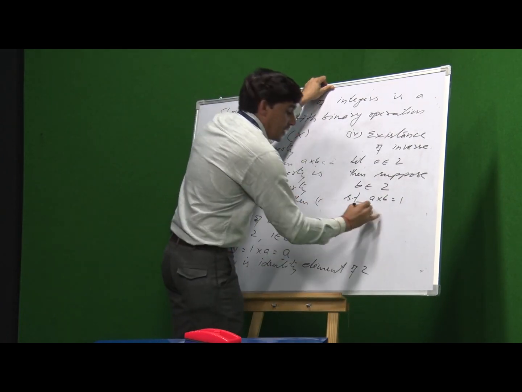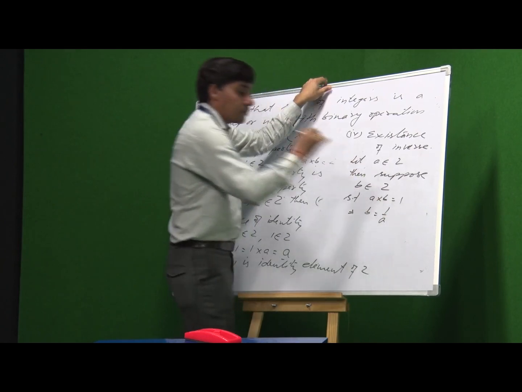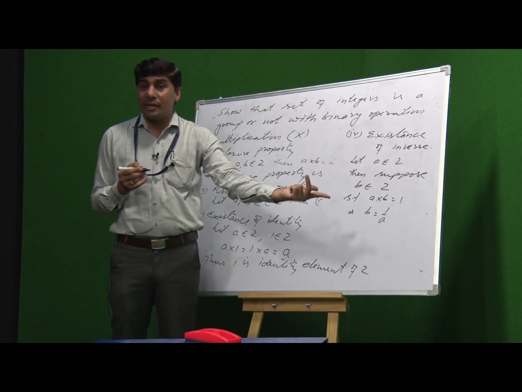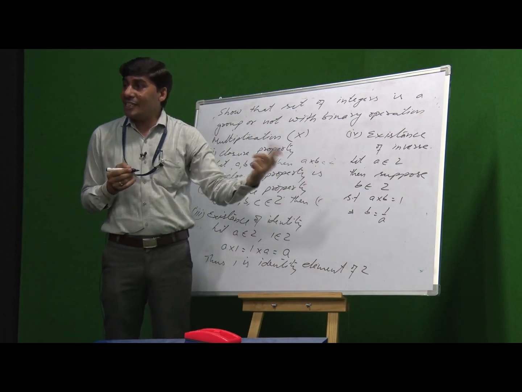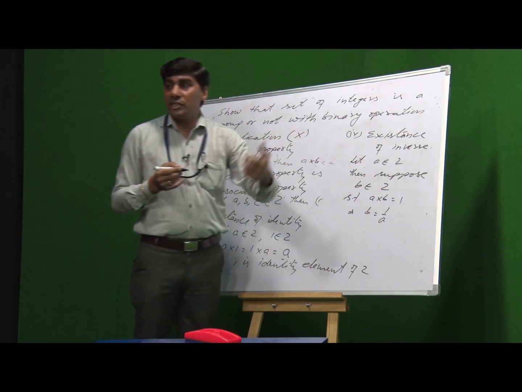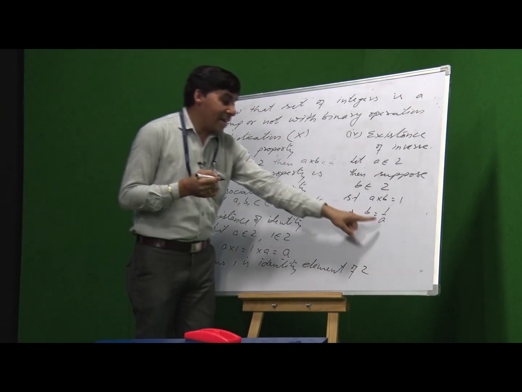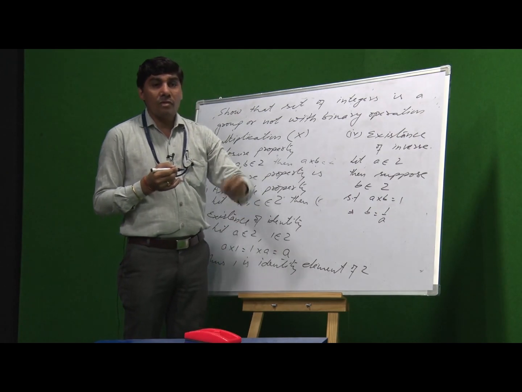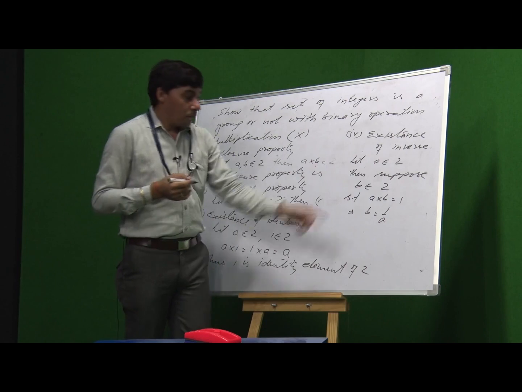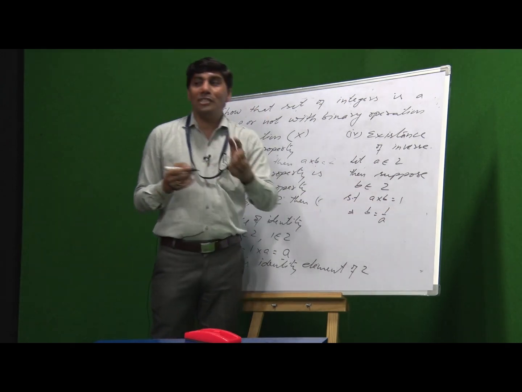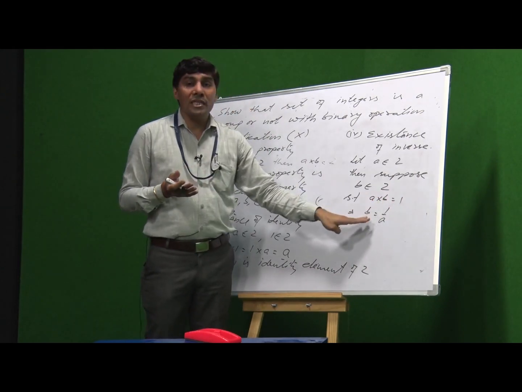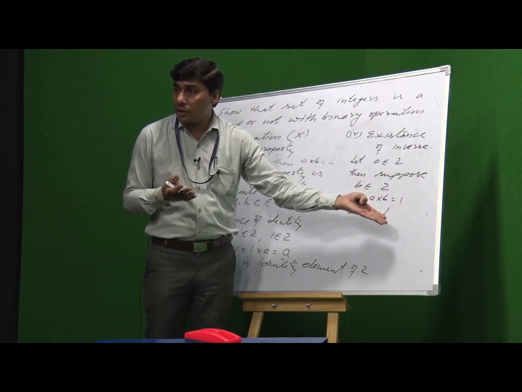So B is equal to 1 by A. A is an integer, but 1 by A need not be an integer. If we take A equal to 2, then 1 by 2, is it an integer or not? No. B is the inverse of A, but B is not an integer. It is not mandatory that B must be an integer, it may be a non-integer value.